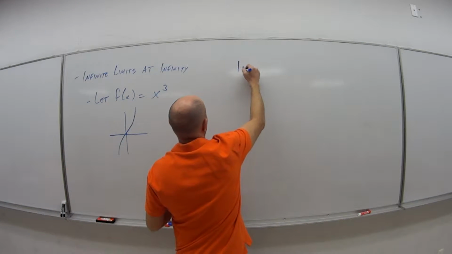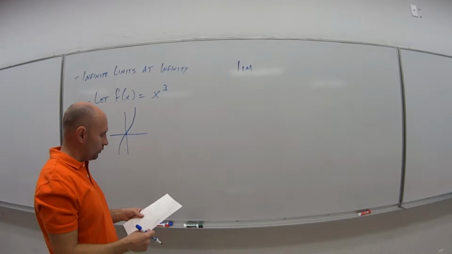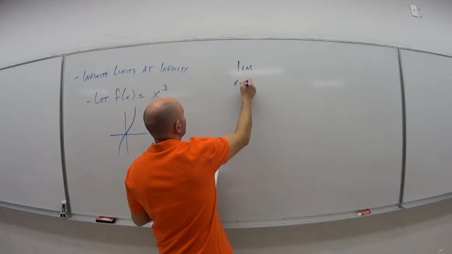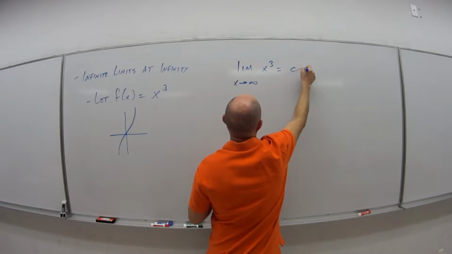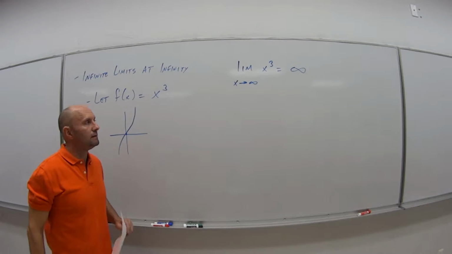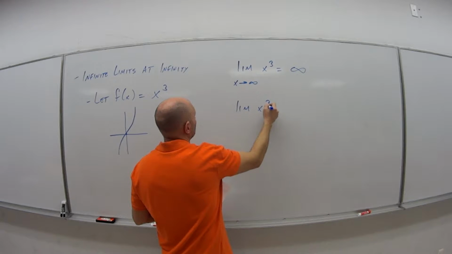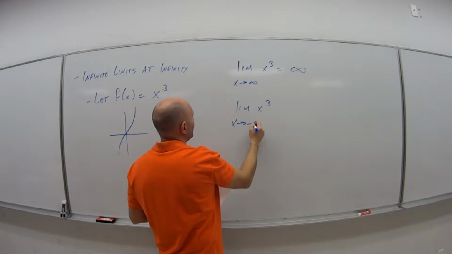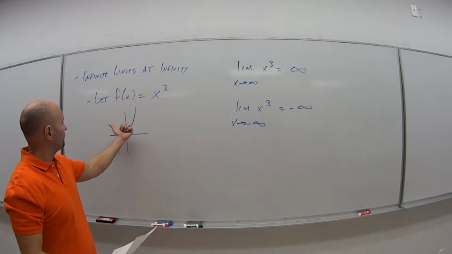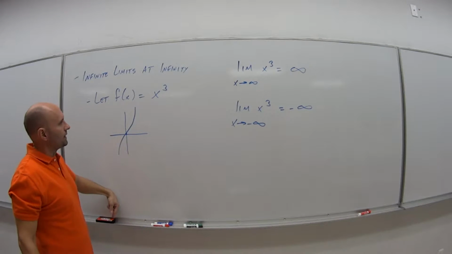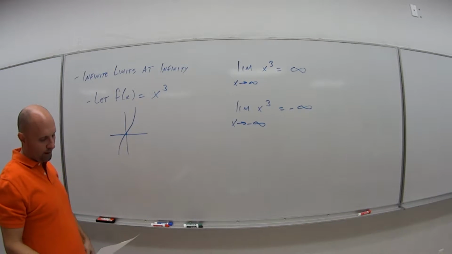So that tells me that the limit as x approaches infinity of x to the third is positive infinity, and the limit of x to the third as x goes to negative infinity is negative infinity. The further I go to the left, the further down this graph goes. The further I go to the right, the higher this graph goes.